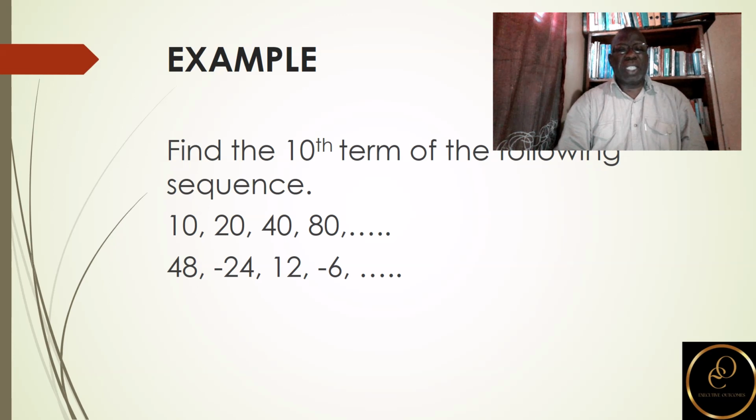Let's look at 40 and 80. 80 was a result of doubling 40. So 40 was multiplied by 2. So you can see that between all these two numbers, you are multiplying by 2 to get the next number, the next term. So meaning that 2 is the common ratio. So it is a geometric series.